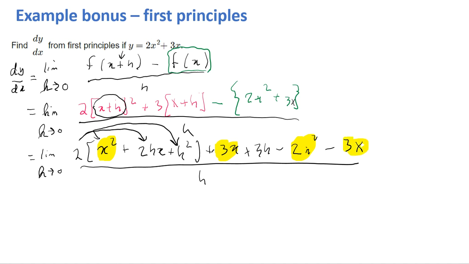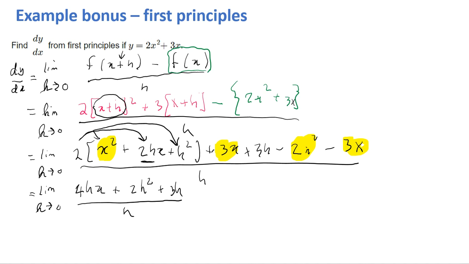So I'm going to just write it out slightly simplified. Skipping over stuff too much otherwise gets confusing. So we get 4hx, it's this term over here, plus 2h squared plus 3h. I don't think I made a mistake. I'm hoping. You can double check me. Okay, everything divided by h.